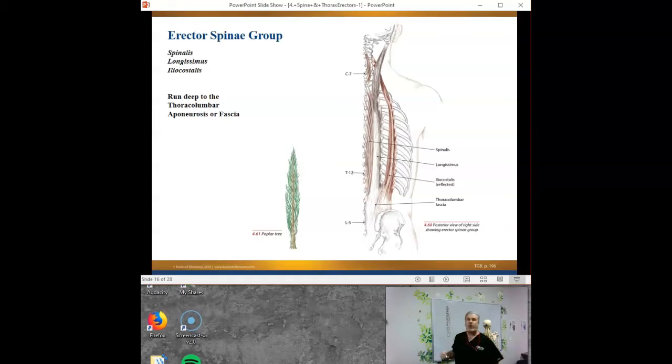It's actually made up of a whole bunch of little muscles. But can you see that after I do this for a while, it starts to look like one muscle because they're all doing the same thing. And so just for convenience, we call this muscle the spinalis.